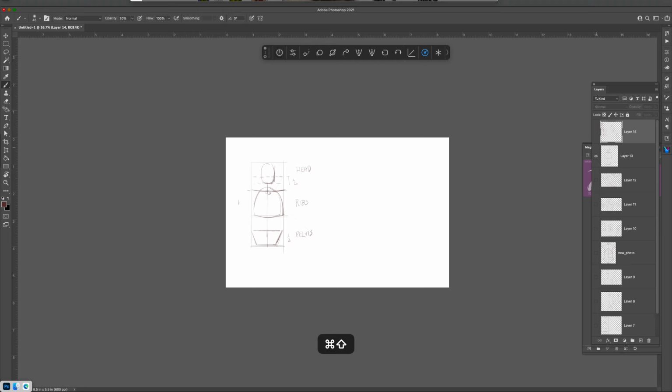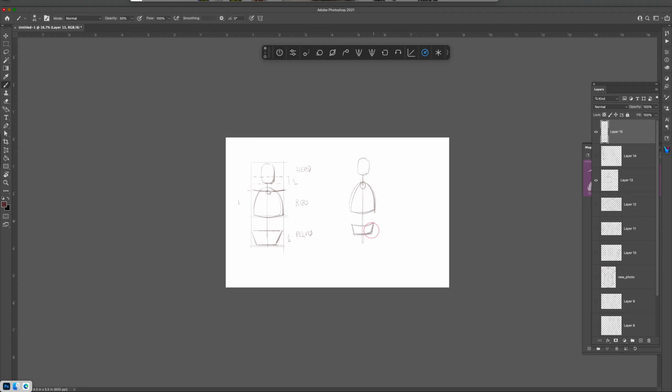So if we look at the relative comparison between male and female representations here, let's just go ahead and draw the male first. Something to keep in mind there is that the proportions of the pelvis are going to be a little bit smaller.